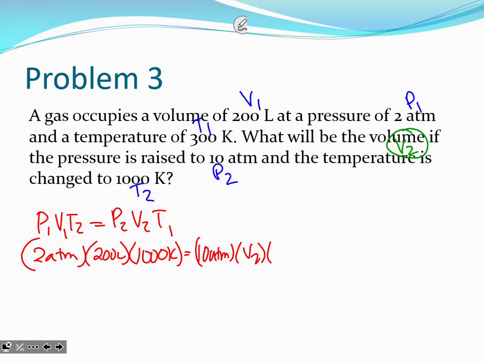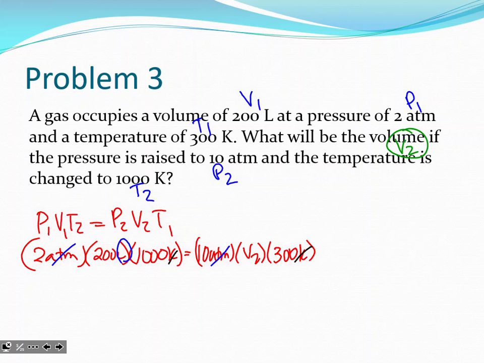That's what my variable is there, and my first temperature was 300 K. And you can watch the K's cancel. The atm cancel, so of course we're going to be left with the liters there.